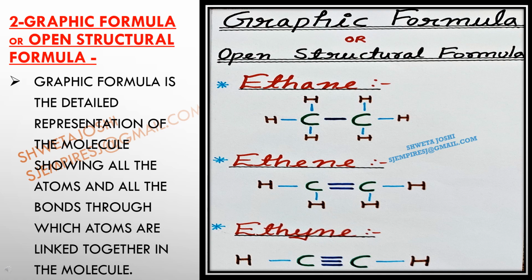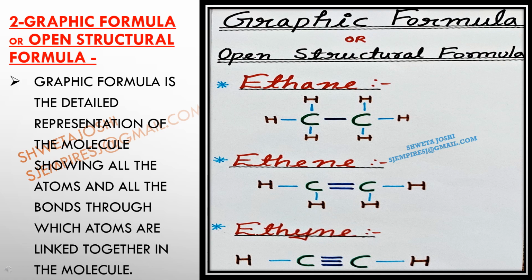Our second formula is graphic formula or open structural formula. Graphic formula is the detailed representation of the molecule showing all the atoms and all the bonds through which these atoms are linked together in the molecule. As we can see in our first example, ethane, there is a carbon single bond carbon.